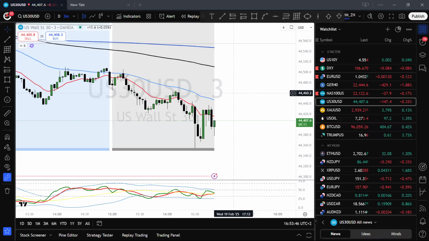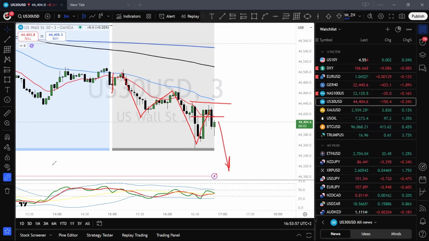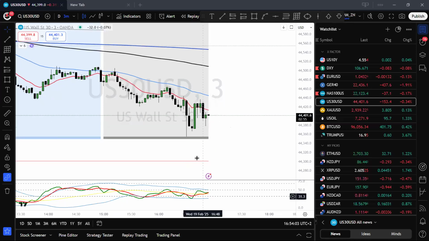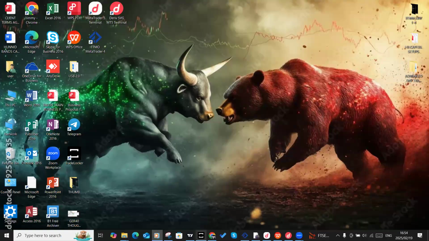From the time New York session opened, you see that price has been creating lower lows, lower highs, lower lows, lower high into this OB. So I'm open to getting a potential sell trade this very moment. I'm just going to get my trading platform ready in case we execute a trade.